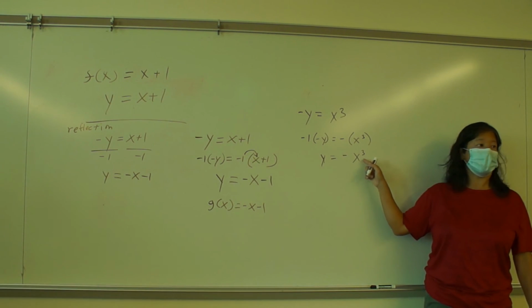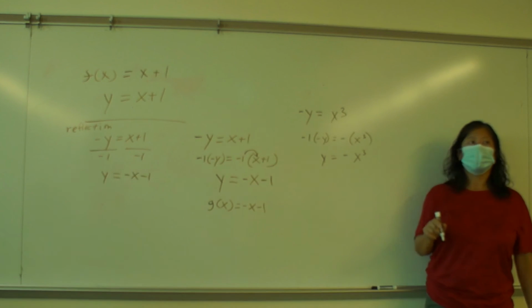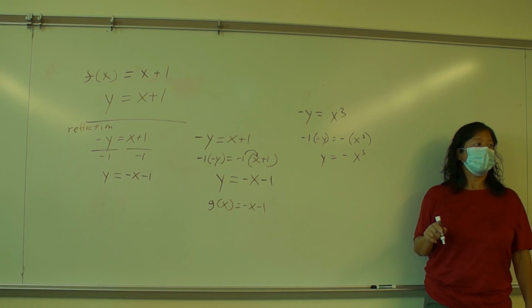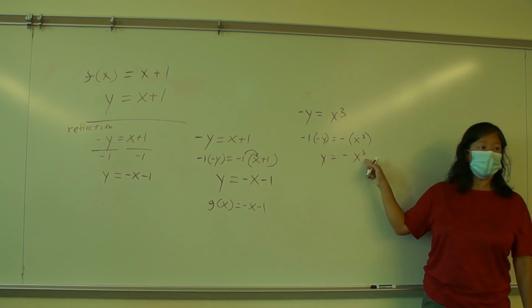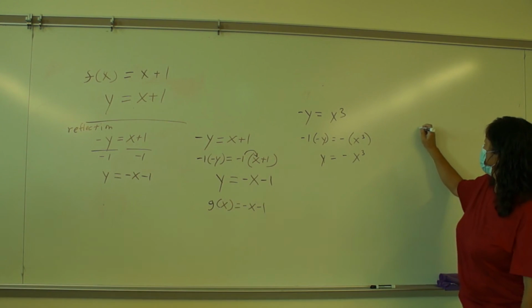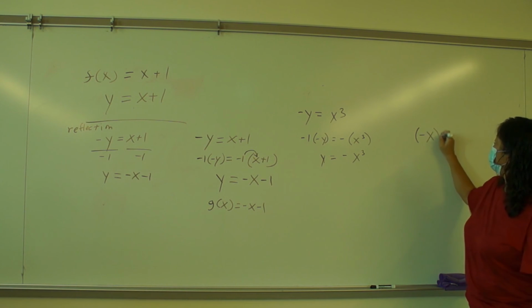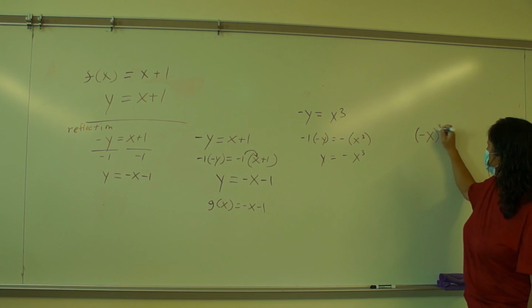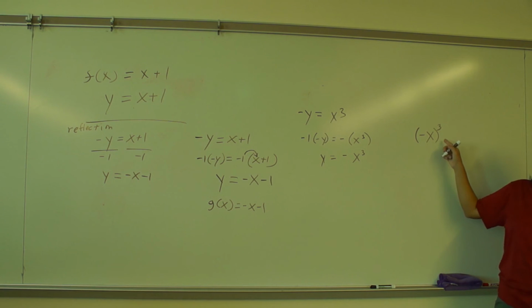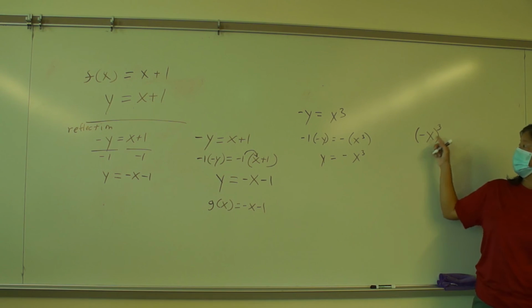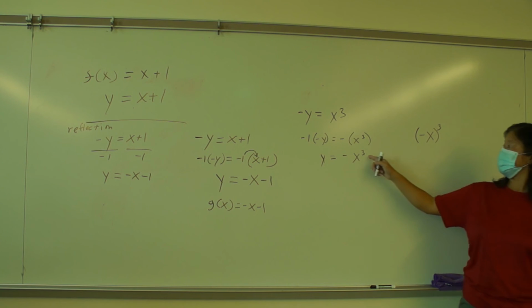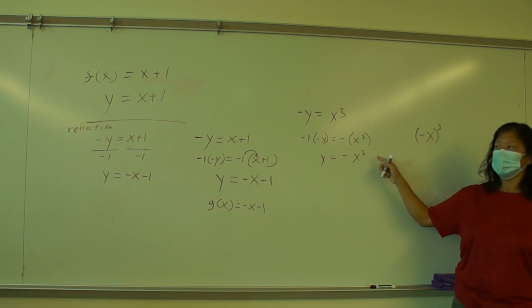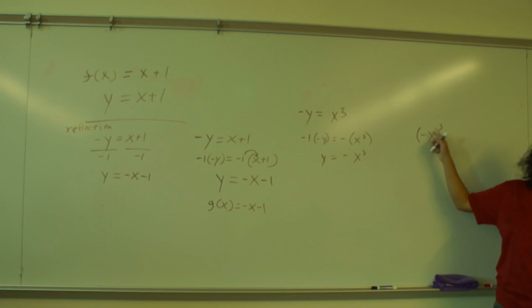This 3 is acting just on the x. Is everyone with me on that part? So this is not the same as, well, okay. So this and this. This 3 is acting just on the x. This 3 is acting on the whole negative x.